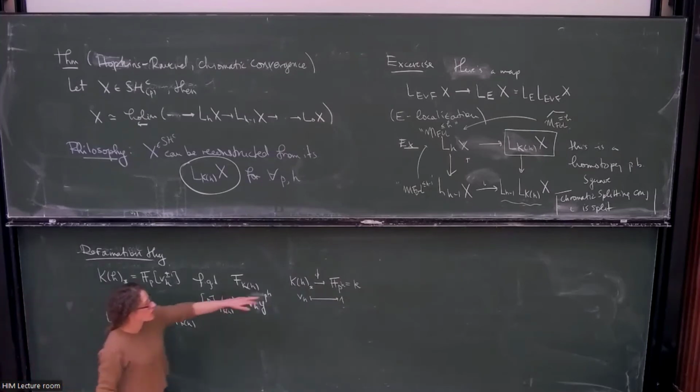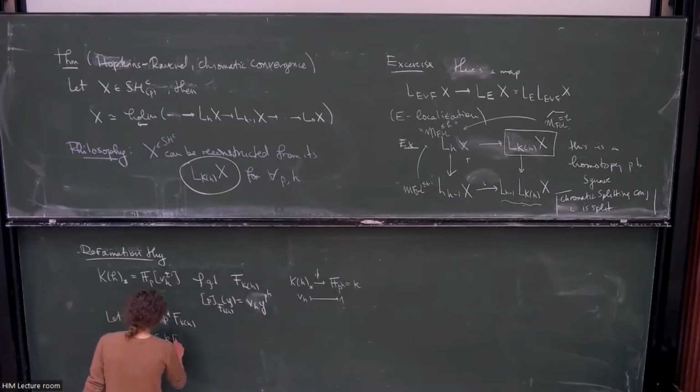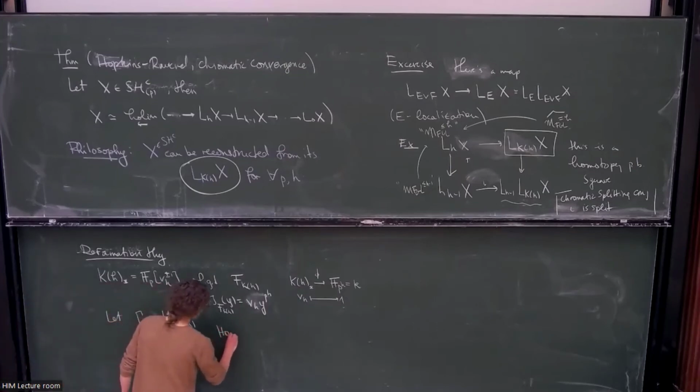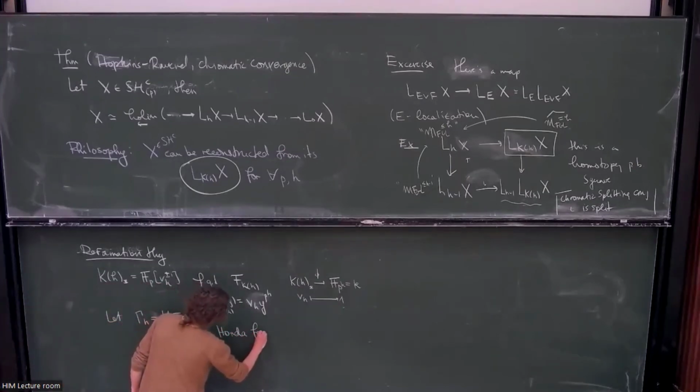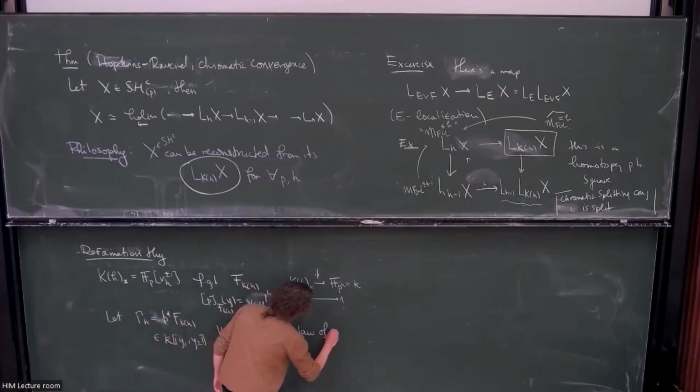So now I have a formal group law that I'm thinking of living over K11, 2, and I've killed the grading, I'm not thinking of this as a grading yet. Okay, so this is called the Honda formal group law of type H.